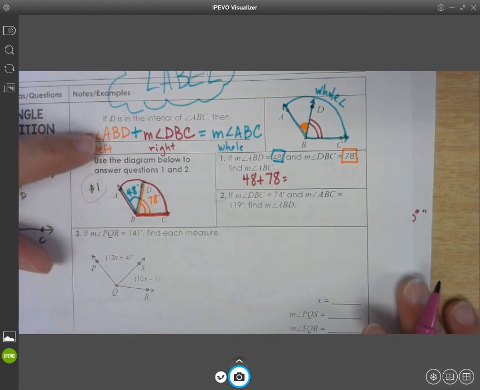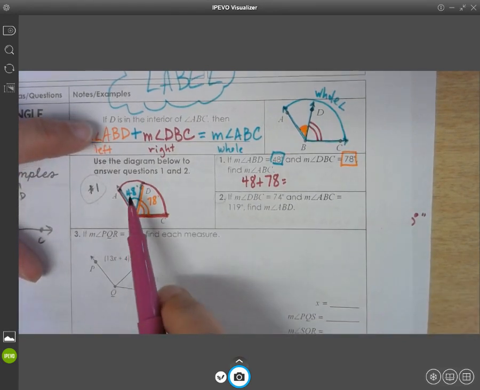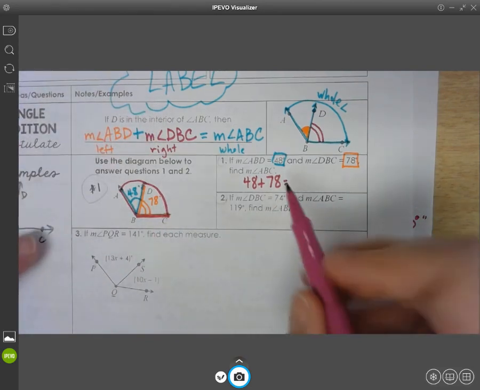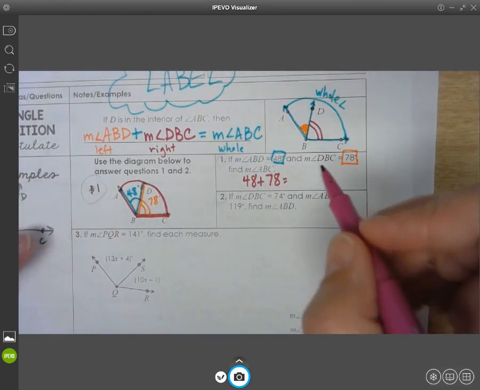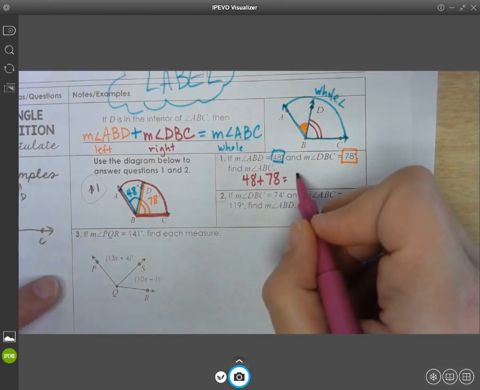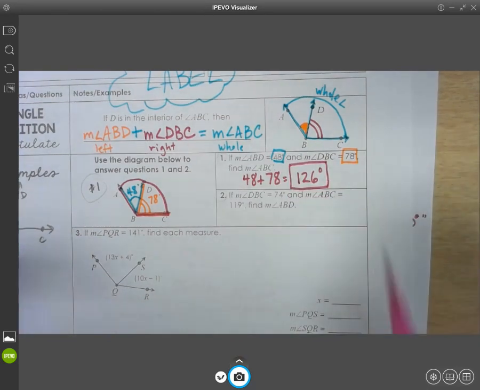Or we could write it out like this because it's actually the same picture. ABD on the left plus DBC on the right equals the whole thing. So 48 plus 78 equals 126 degrees.